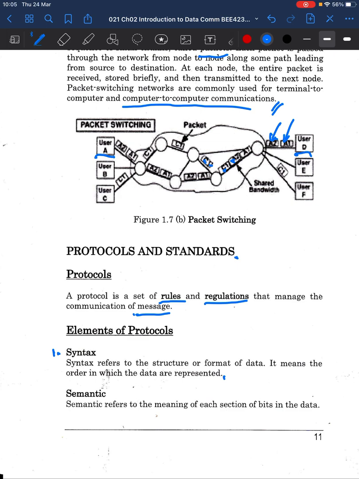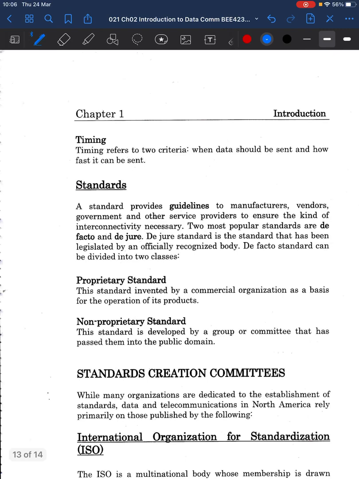Usually syntax is related to programming. Sometimes you get a syntax error when you do programming. That is, syntax refers to the structure or format of the data. The second is semantics. Semantics refers to the meaning of each section of bits in the data. Third is timing.